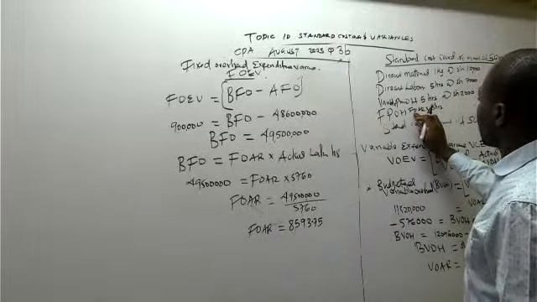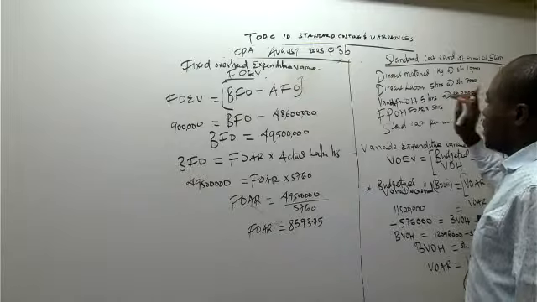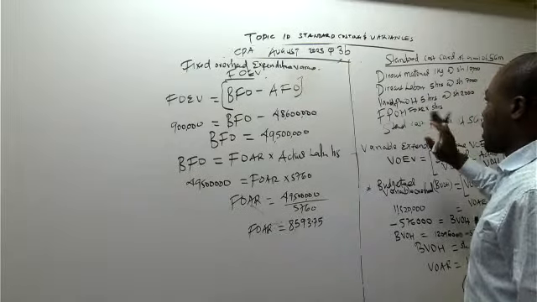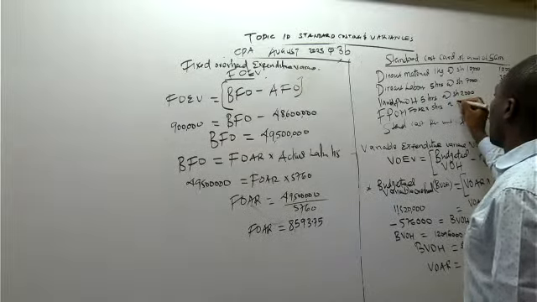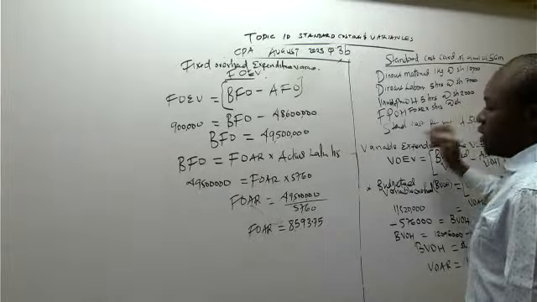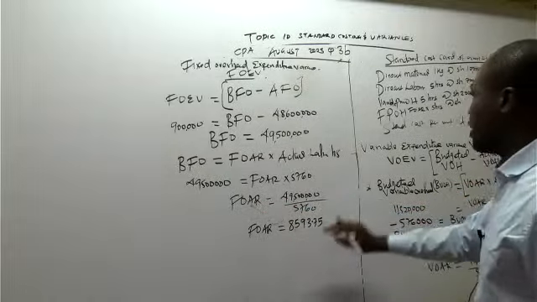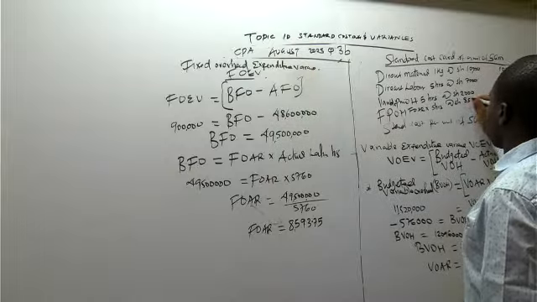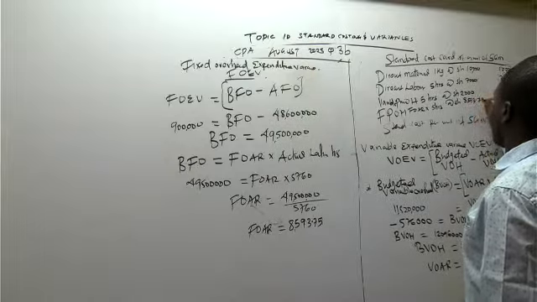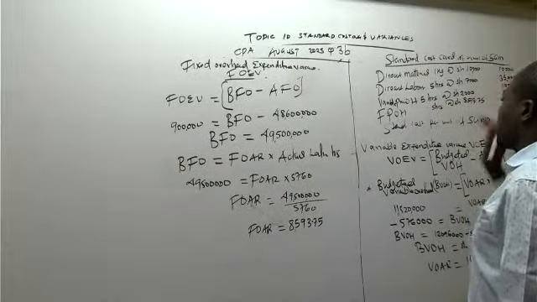That 4 fixed overhead absorption rate, you multiply by the standard hours. Si tumepata hii fixed overhead absorption rate is in shillings per direct labor hour. Tunakuja hapa 85.93.75 na hapa tuko na 5 hours.